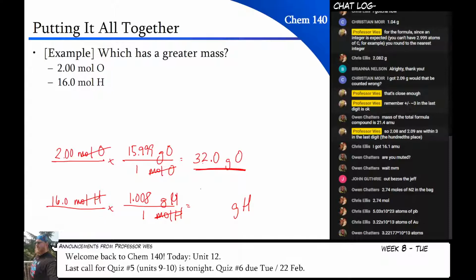When I do that calculation, I get 16.1. So despite having 8 times as many particles, so there are 8 times as many hydrogen atoms as there are oxygen here, because each oxygen atom weighs so much more than a hydrogen atom does, the total mass of oxygen is greater. So this one has a greater mass.